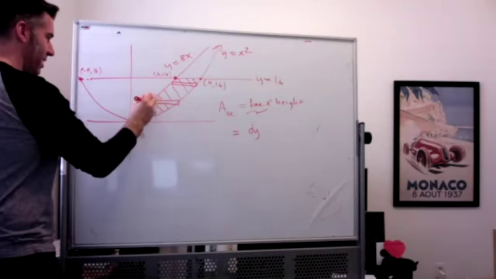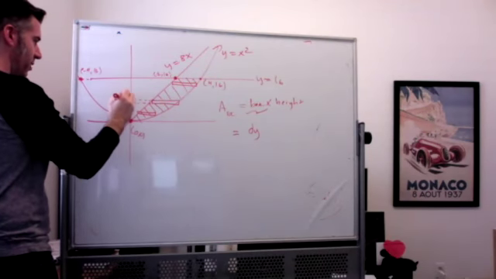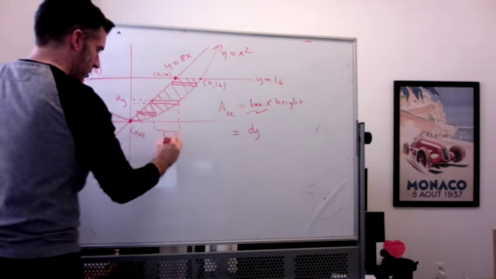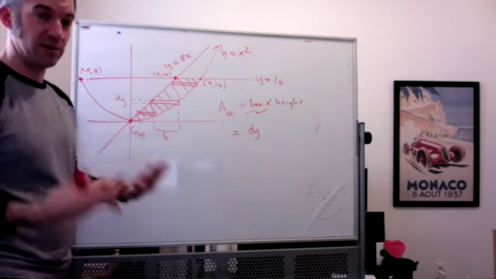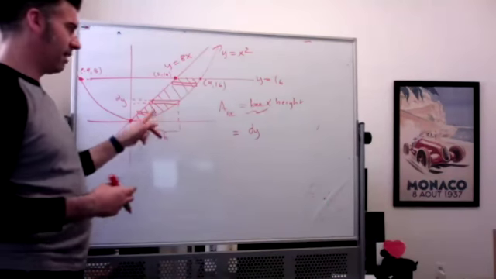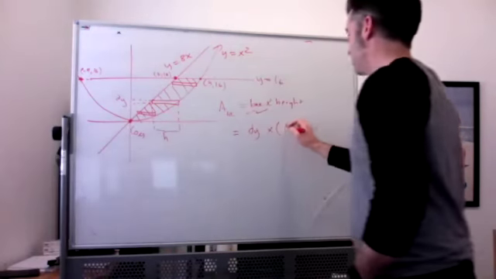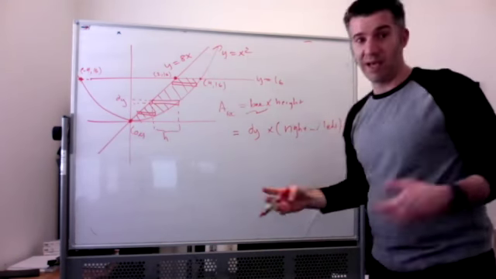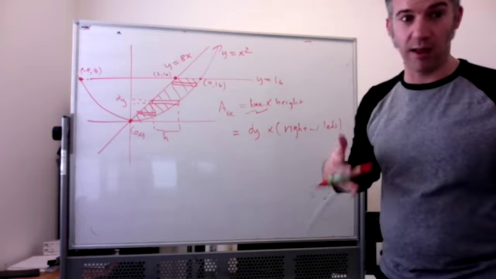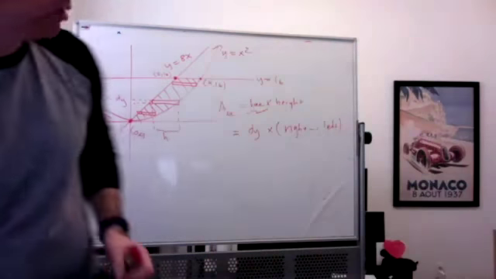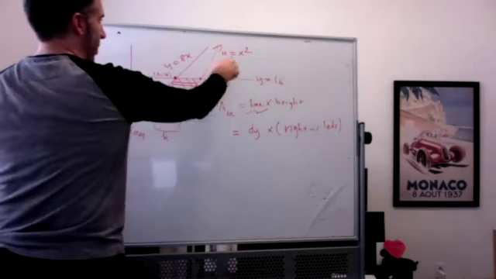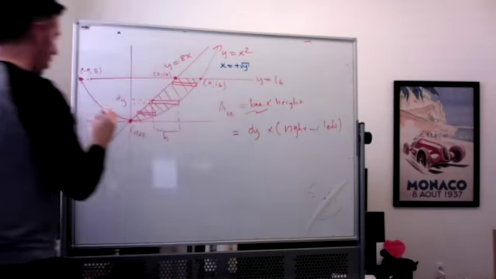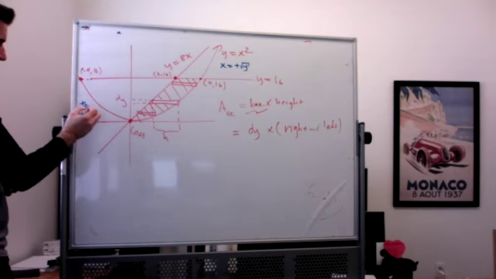The thickness of the rectangle is your dy, and the height of your rectangle is the bigger value minus the smaller value, the right minus the left. But again, we have to change them to functions of y, not functions of x. So this one here, y equals x squared, becomes x equal to the positive square root of y. This here, yes, would be x equal to the negative square root of y.